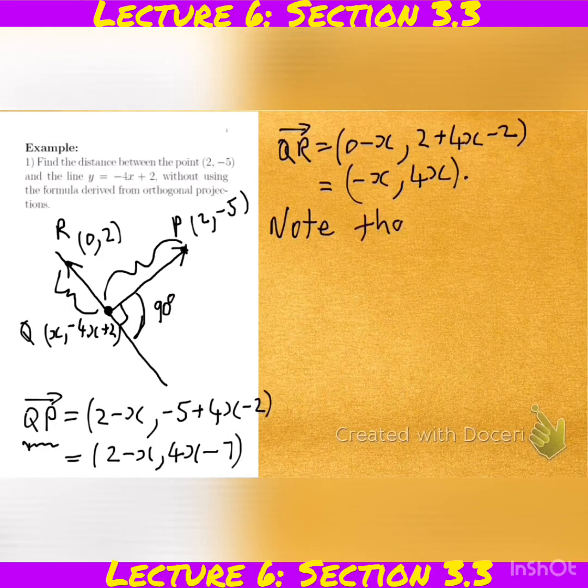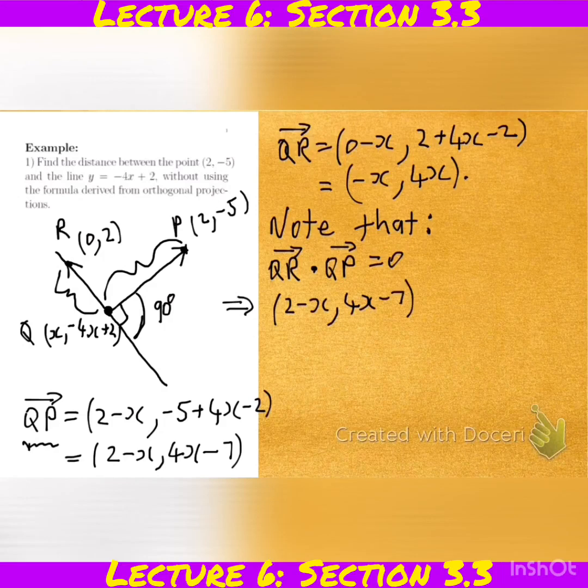Because we want to find the value of x for which PQ is orthogonal to QR, that implies that the dot product of the vector QP, 2 minus x, 4x minus 7, with the vector minus x, 4x must be 0.